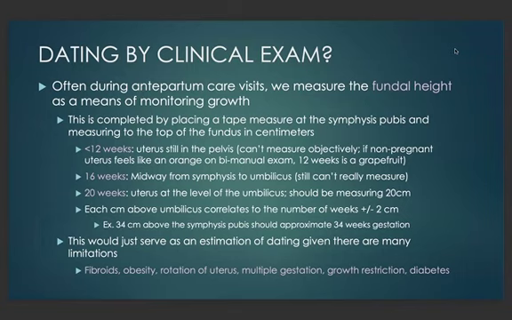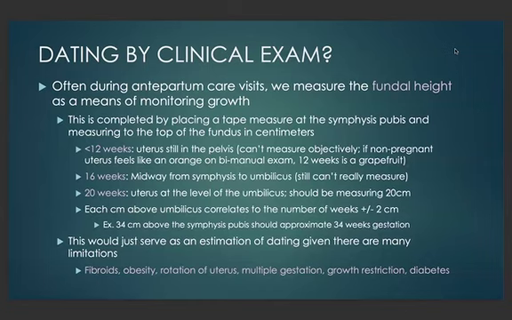And this is more relevant once the mom is about 20 weeks pregnant, because that's when you can actually start to measure the uterus better. And each centimeter corresponds to about the number of weeks gestation the pregnancy should be at. So if you measure 34 centimeters above the pubic symphysis, you're approximately 34 weeks gestation, give or take about 2 centimeters.